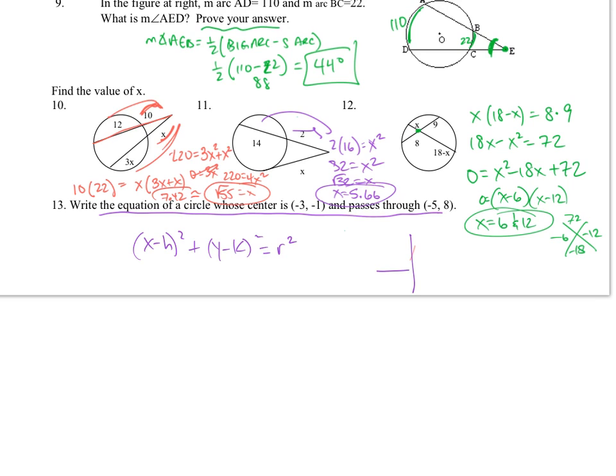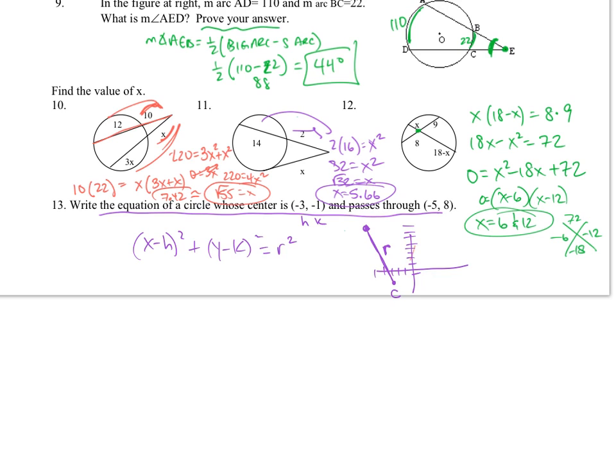If I quickly sketch what's going on, we've got negative 3, negative 1 as our center. So this is the h and k. And then it passes through the point negative 5, 1, 2, 3, 4, 5, 6, 7, 8, right there. So that is our radius, that distance.